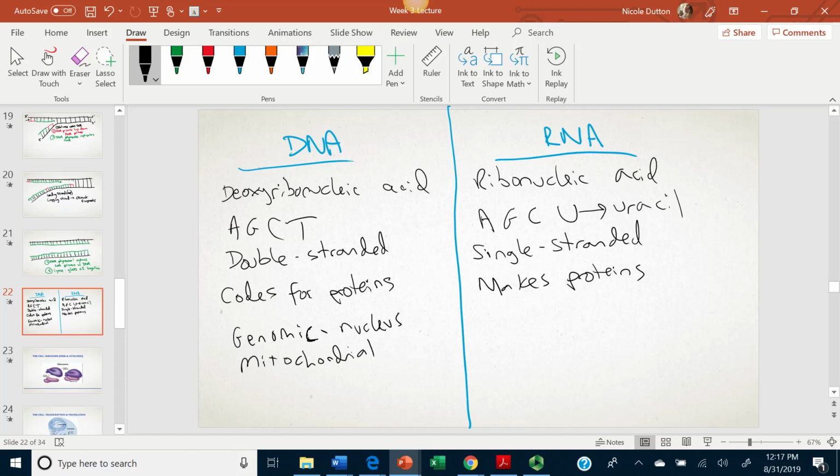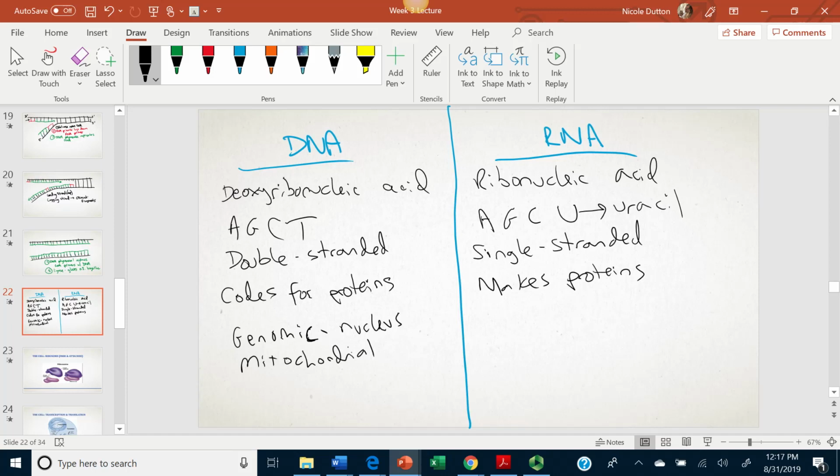That mitochondrial DNA, we'll talk a little bit more about in microbiology as well as potentially in advanced A&P. But mitochondrial DNA, you only get it from your mom because the egg is the gamete that has all of those organelles. So the sperm really just delivers genetic material, while the egg has all of the organelles from the mom. So you only get your mitochondrial DNA from your mom, but it does have some association with disease, which we're not going to get too much into in this class.